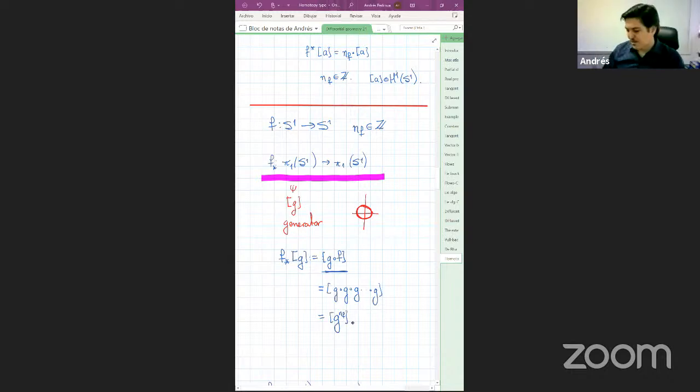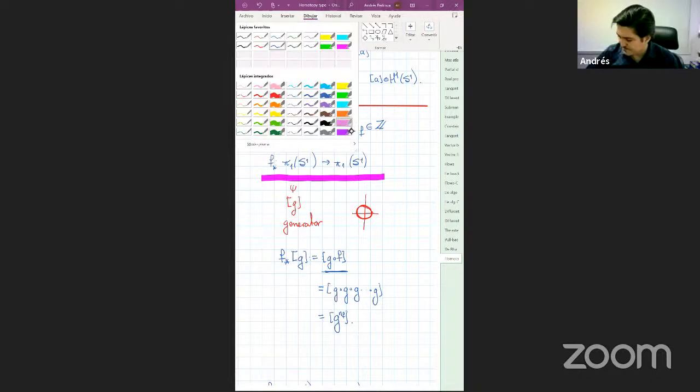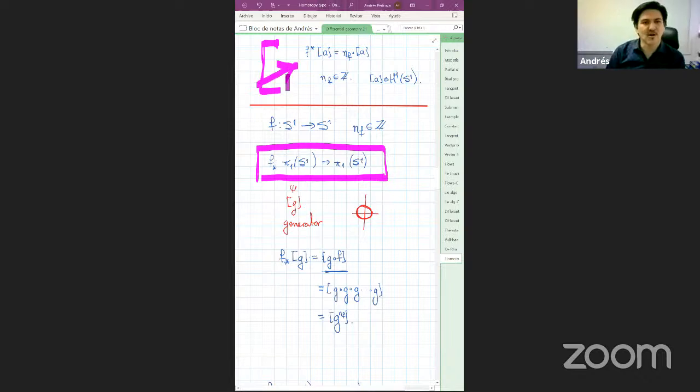Okay, so this argument corresponds to this one here, but in fundamental groups. This is in cohomology.